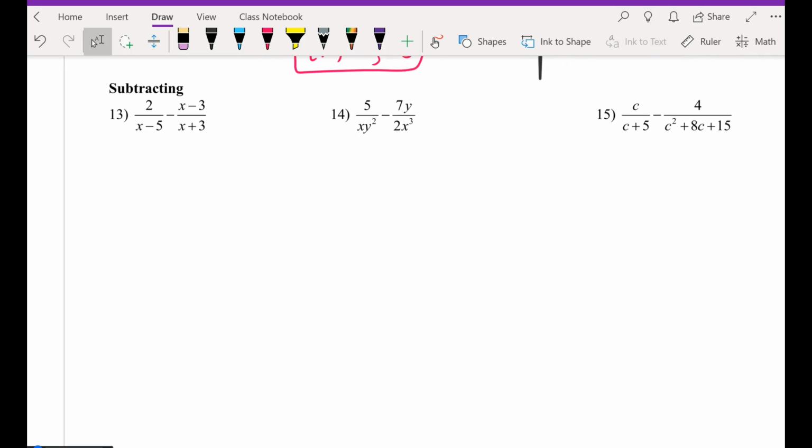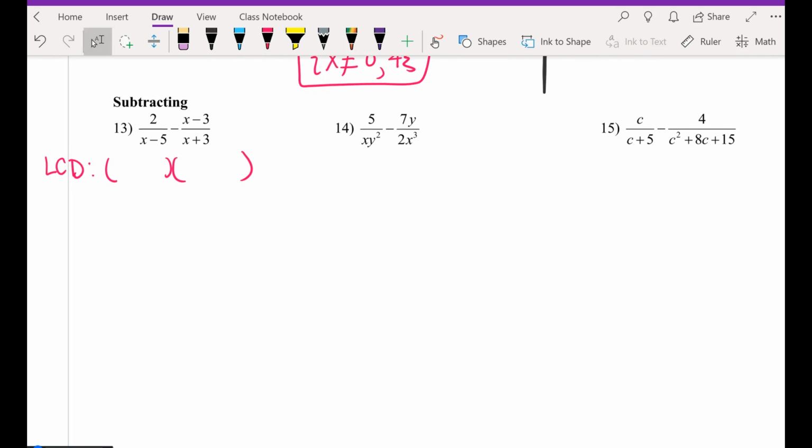Example 13, same thing. We are going to start with the lowest common denominator. Can you give it to me? This one goes to Chance. What do you think the lowest common denominator is? Remember, this is a factor over here, and this is another factor. Do you want me to multiply them?